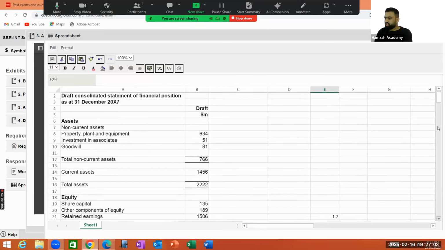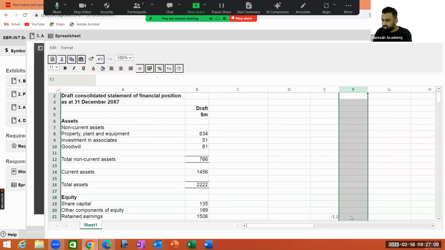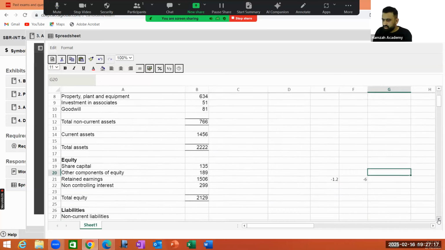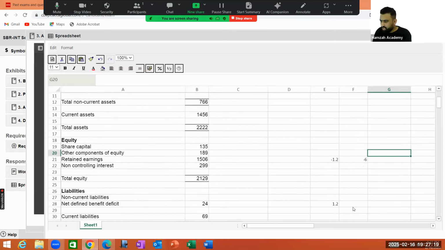Then we have a current service cost in the next area. And when we record the current service cost, again, the retained earnings will decrease by 6, and the value of the obligation will increase by 6. Then we have a loss of 10 million.